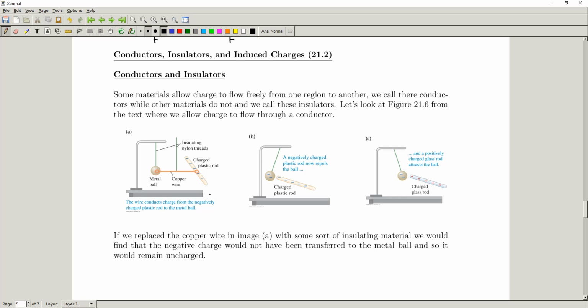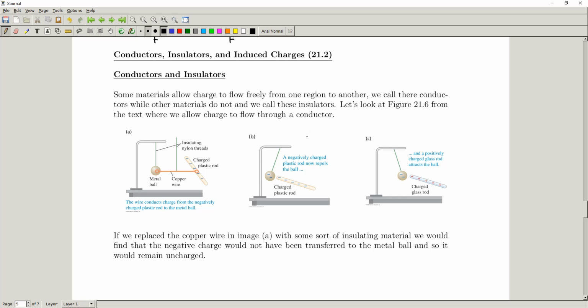Copper wire is conductive, and so what do we expect to happen? Well, we would probably expect that some of the net negative charge from the plastic rod would flow into the metal ball, and that's in fact what we do see, right? So we can see that in part B here.